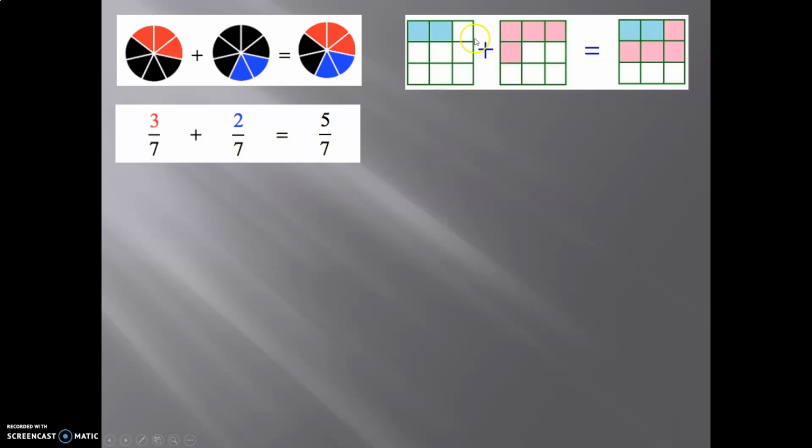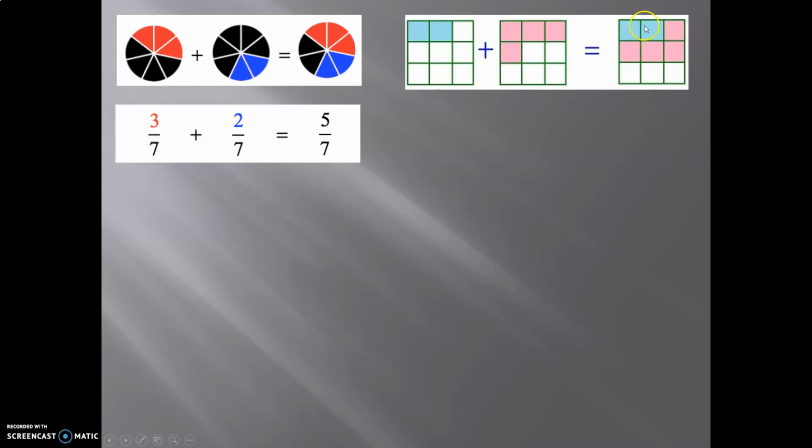Now, in this shape, I choose to color 2 parts out of the total 9 in blue, but my sister liked pink so much, so she said, I'm going to color 4 parts in pink. So when we put our parts together, we end up coloring 1, 2, 3, 4, 5, 6.